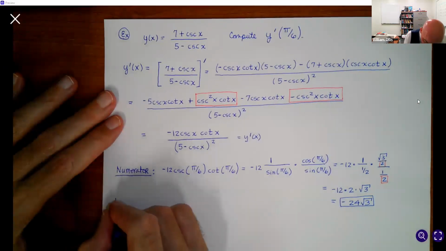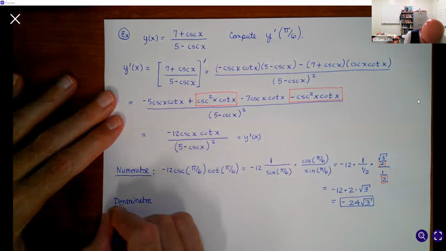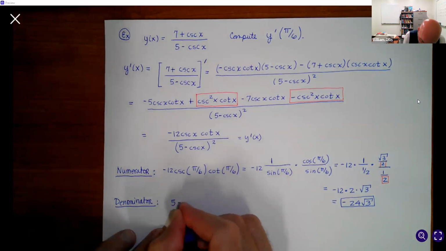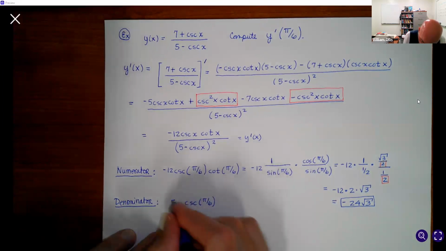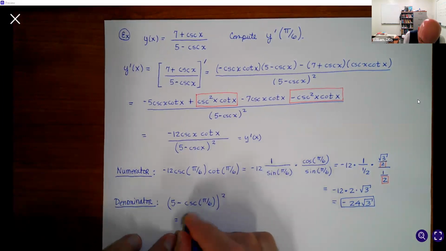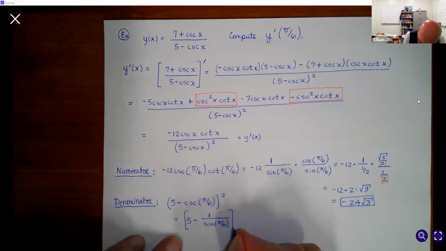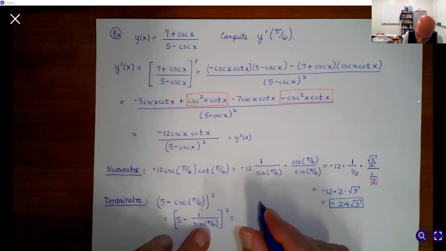Now in the denominator, just breaking it up into pieces, it's probably easier to think about it this way. So now we have 5 minus cosecant of pi over 6 quantity squared. And so now this gives us 5 minus 1 over sine of pi over 6, and we want to square that. So of course, sine of pi over 6 is 1/2.